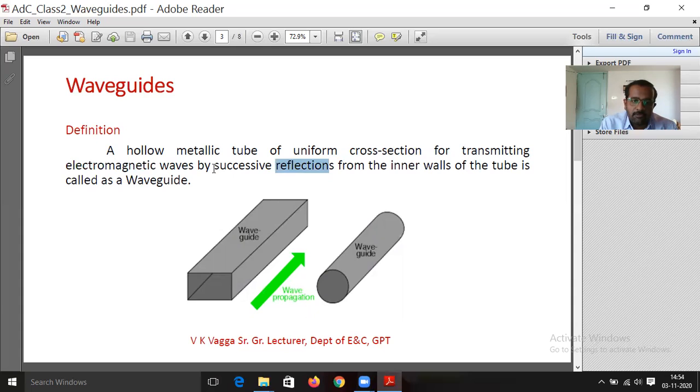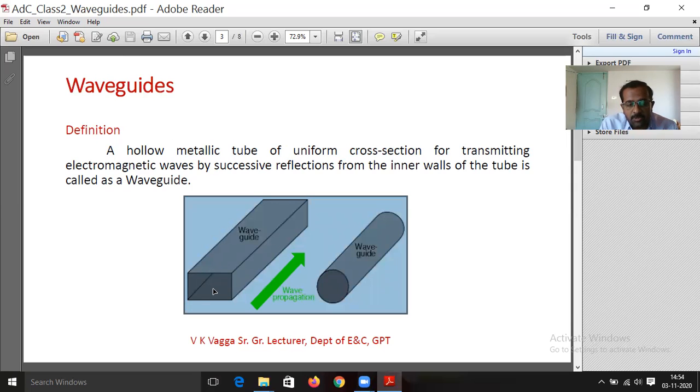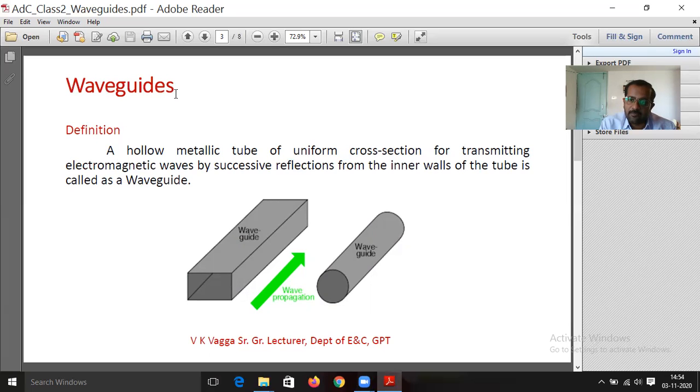So if a tube is implemented with metal, and a microwave signal is passed into the tube, it gets reflected by the inner walls of the tube and is transmitted from one end of the tube to the other end. That itself is called a waveguide.